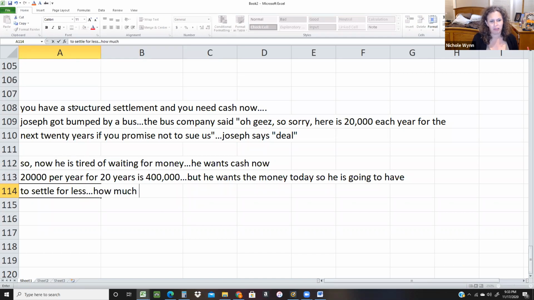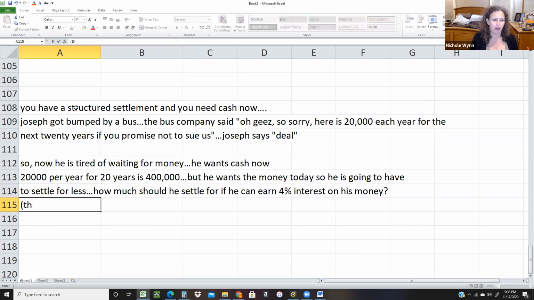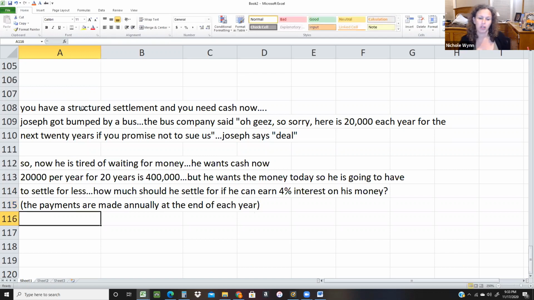How much should he settle for if he can earn 4% interest on his money? And so I guess we would need to know the payments are made annually at the end of each year. Okay, so I want to know how much he should settle for today.